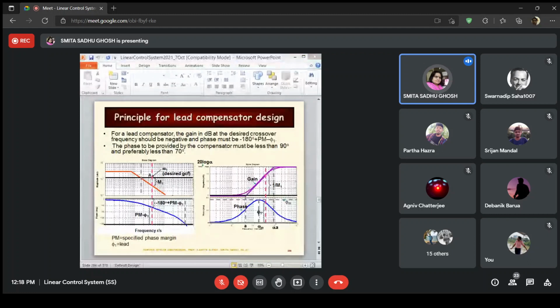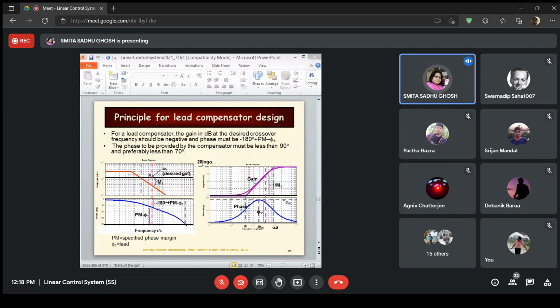Because, for example, if I place my desired gain crossover frequency from here to here, what is the existing value of the magnitude? It is already positive, right? So if I put my lead compensator anywhere within this range, I'm speaking only of the magnitude, the magnitude that was already there plus a positive contribution from my lead compensator. So the overall compensated system will have a magnitude which is this one plus the amount of magnitude that I get from my lead compensator, right?